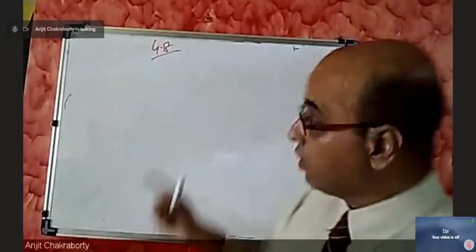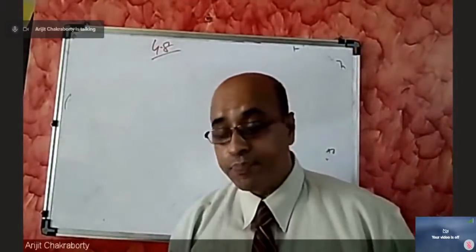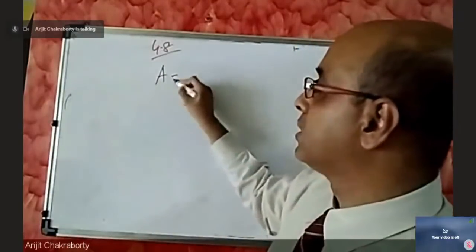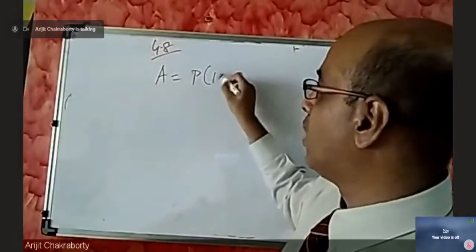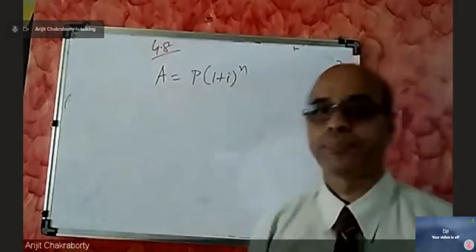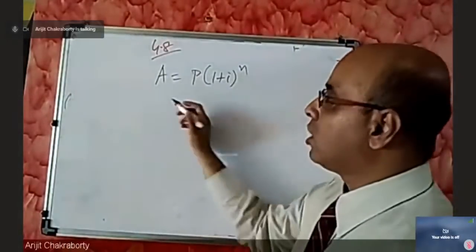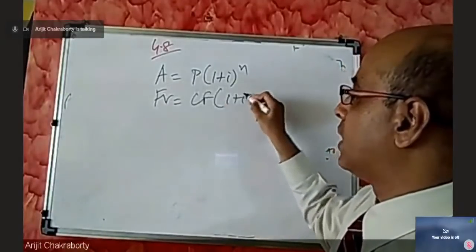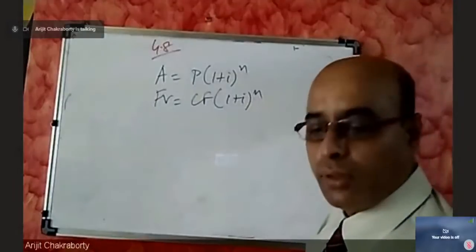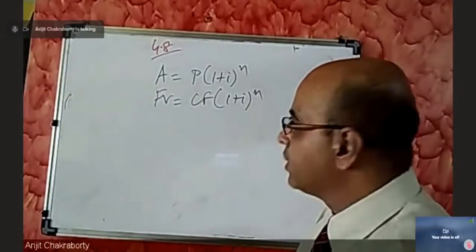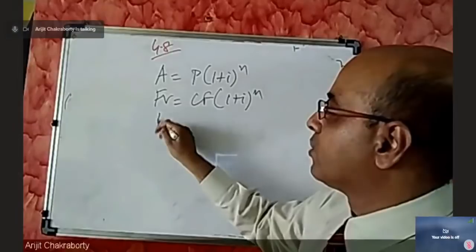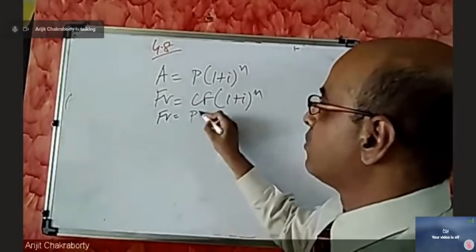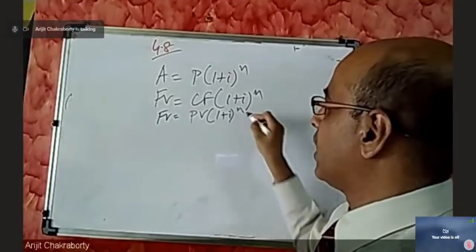Now please note that the formula for compound interest we know: A is equal to P into (1 plus I) to the power n. We also saw that the future value is equal to the cash flow into (1 plus I) to the power n. Or the future value is equal to the present value into (1 plus I) to the power n.